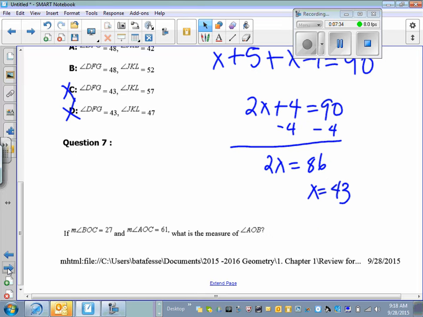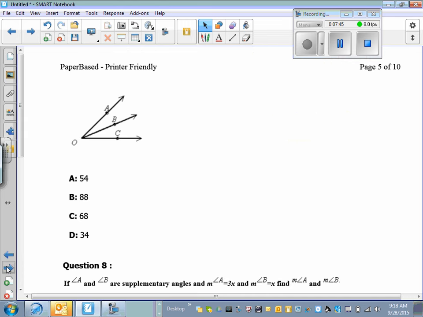Number 7. The question starts here, but it's on the pictures on the next page. BOC is 27 and AOC is 61. So BOC, which is this angle here, is 27, and AOC, which is this angle here, is 61 degrees.